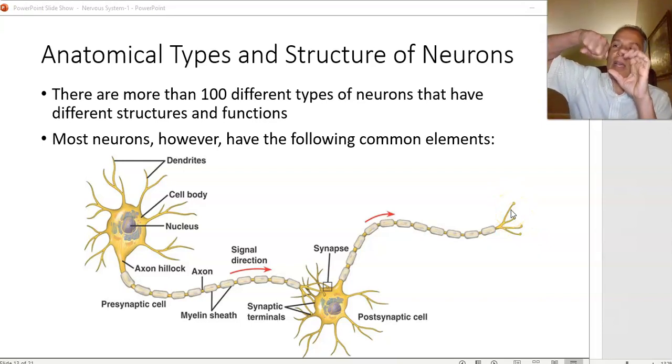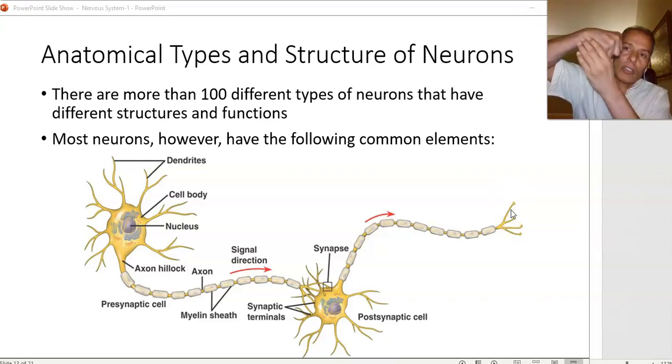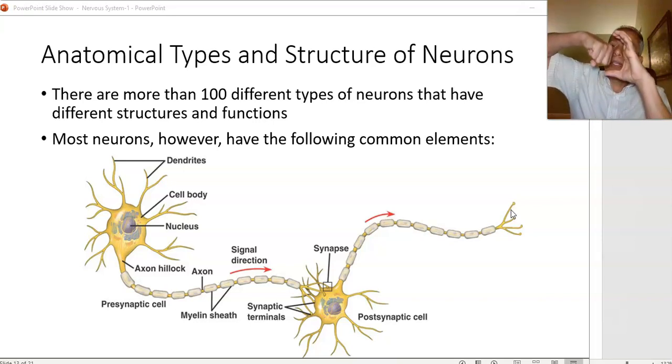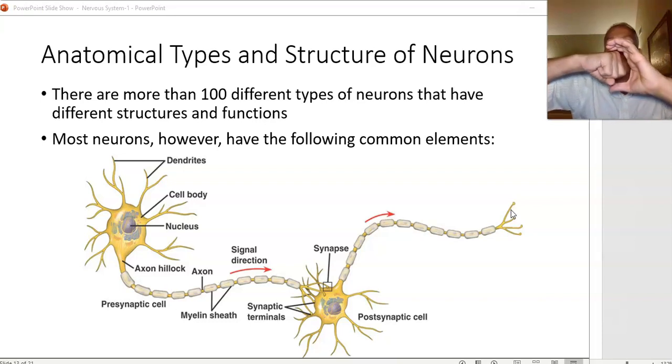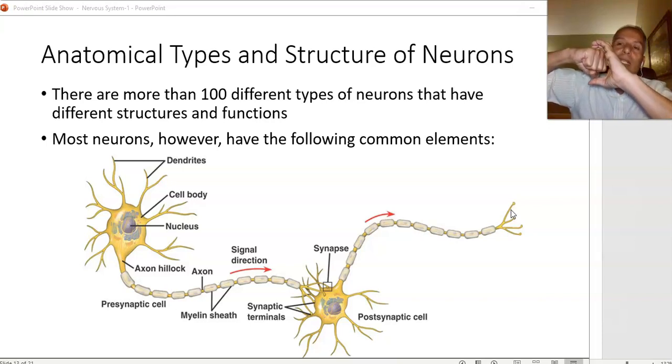They have an extension like a foot, a synaptic pod, and they come close to the dendrite and make a synapse like this. There's a little gap in between.